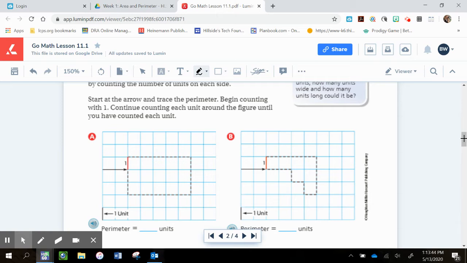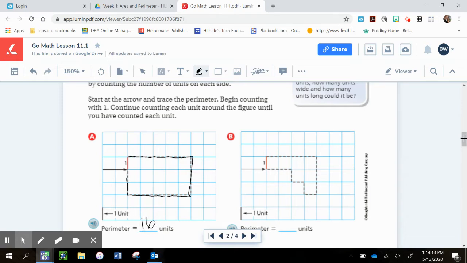They want you to trace the perimeter and count all the way around each unit, okay? So we have 1, 2, 3, 4, 5, 6, 7, 8, 9, 10, 11, 12, 13, 14, 15, 16. So the perimeter of this rectangle is 16 units.